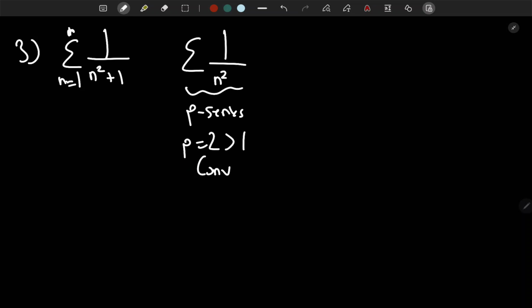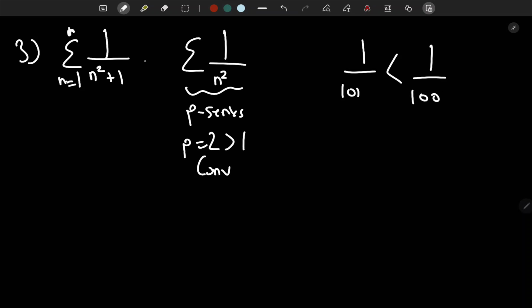So now we need to check if it's more than or less than. Here you can just substitute a big number like 100 for n, or you can just see that whenever the denominator is bigger, it's going to be a smaller number, right? So 1 divided by 101 is smaller than 1 divided by 100.